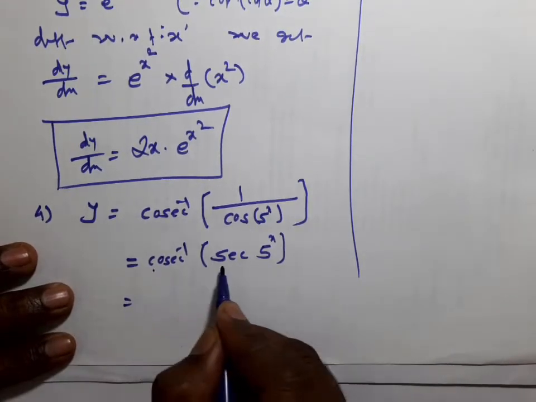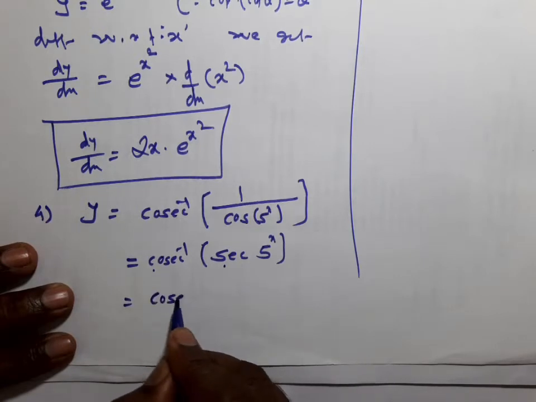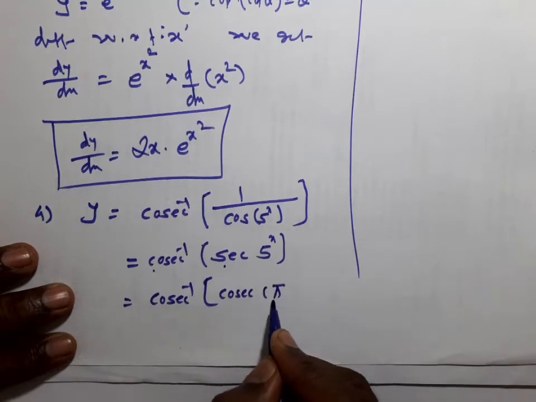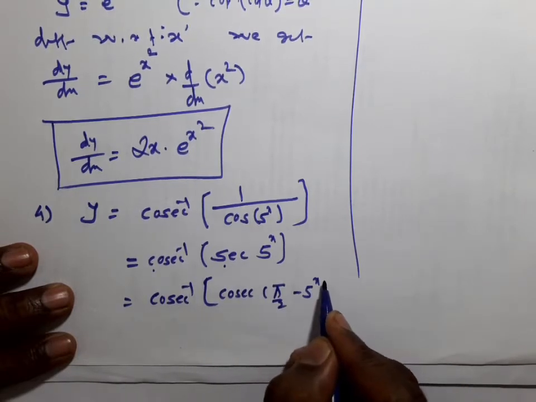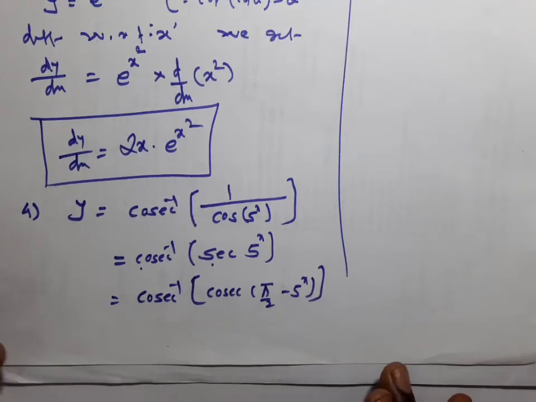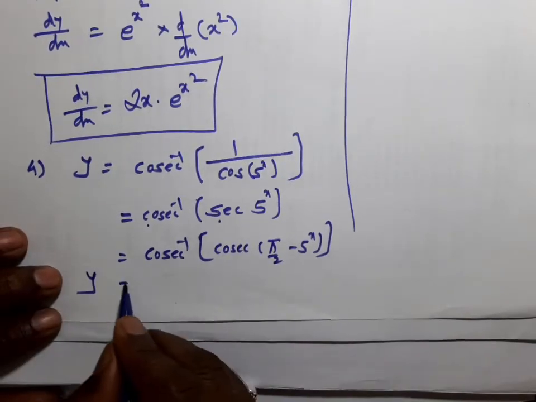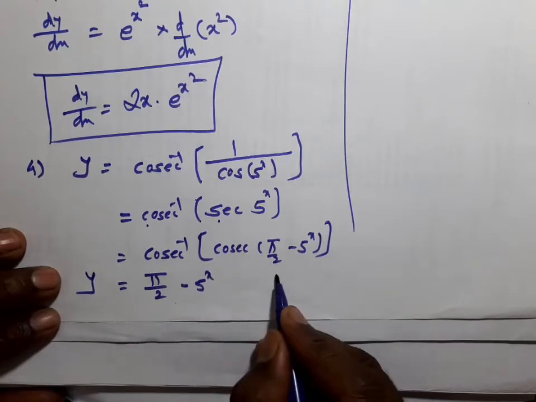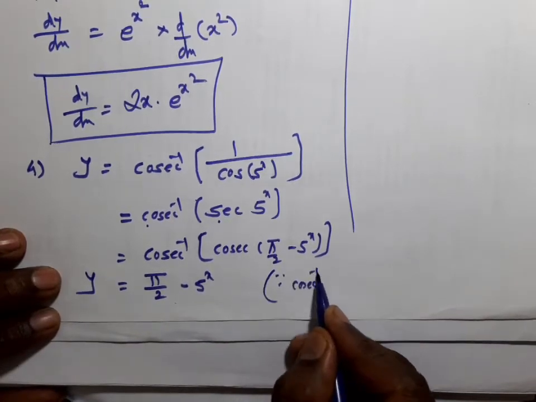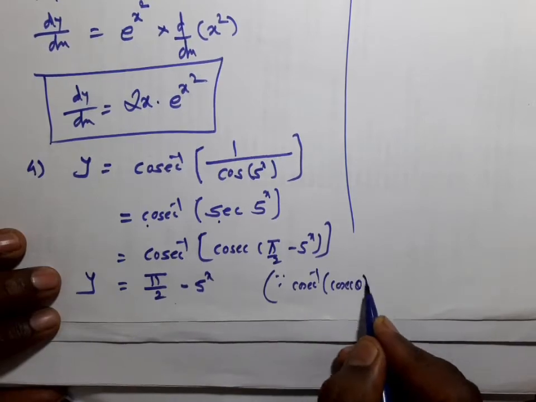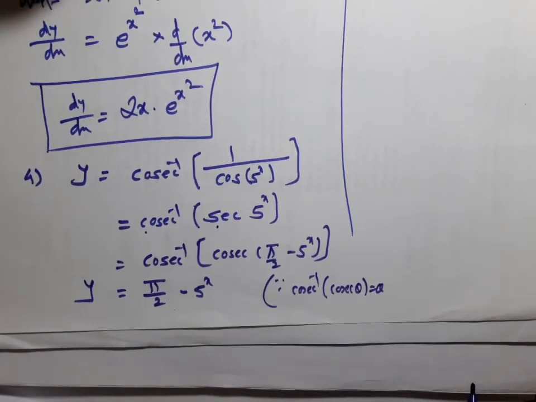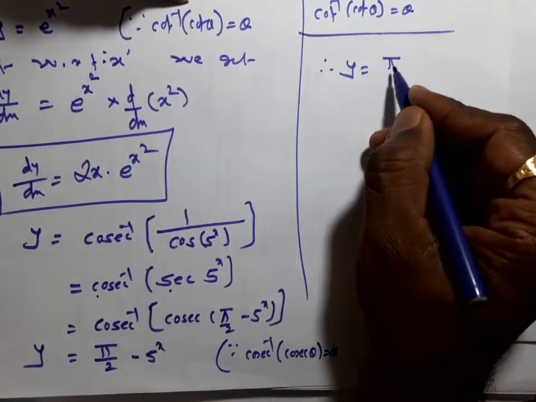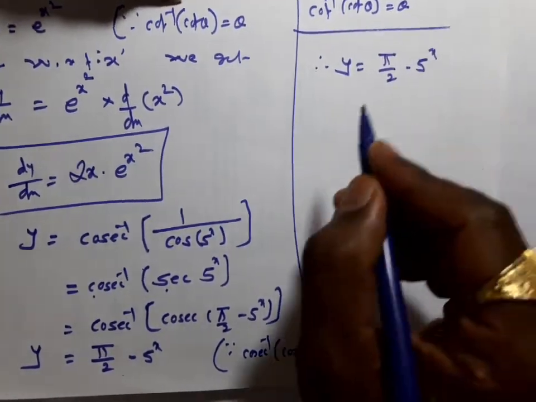So here, inside the bracket it must be cosec, and that will be cosec of pi by 2 minus pi raised to x, and this is nothing but pi by 2 minus pi raised to x, because cosec inverse of cosec theta is equal to theta. Therefore y is equal to pi by 2 minus pi raised to x.